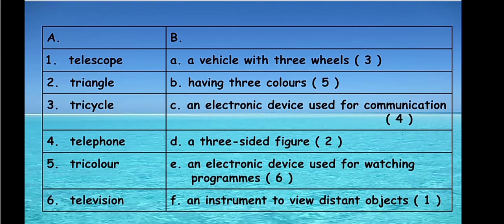Fourth one, telephone. An electronic device used for communication. C is the answer. Fifth one, tricolor, having 3 colors. B is the answer. And the sixth one, television, an electronic device used for watching programs. E is the answer.